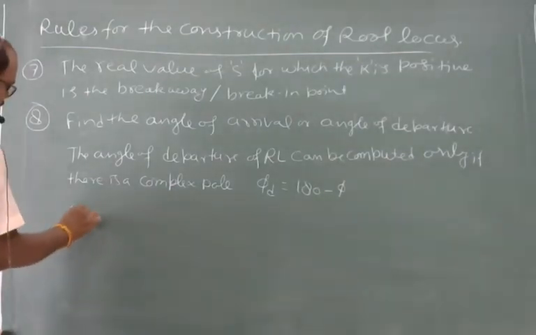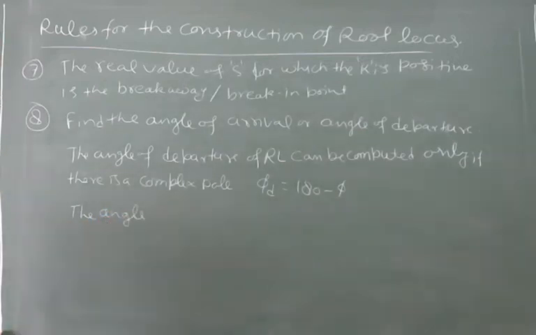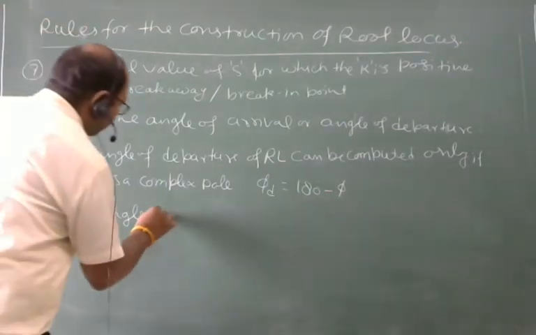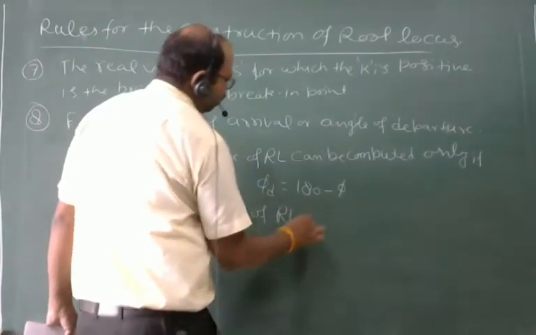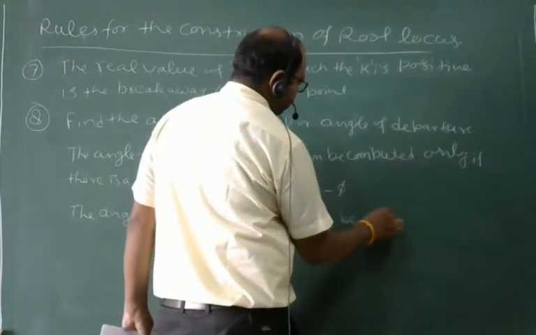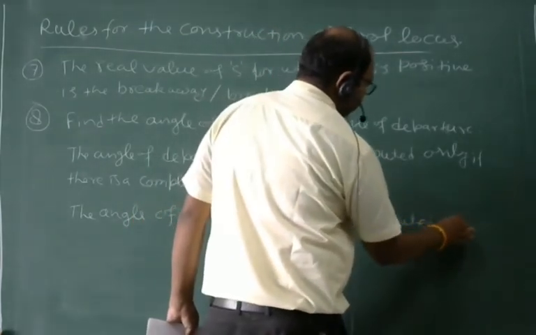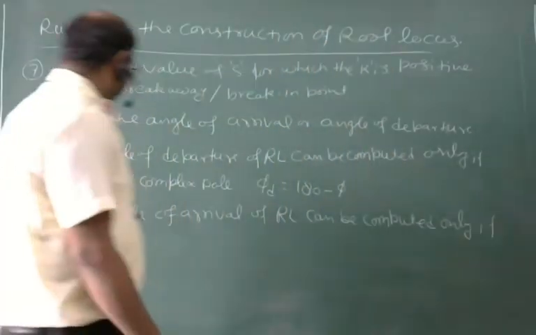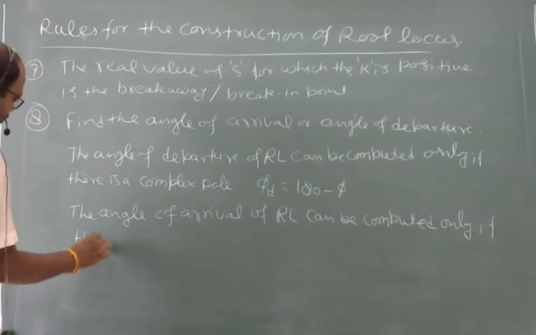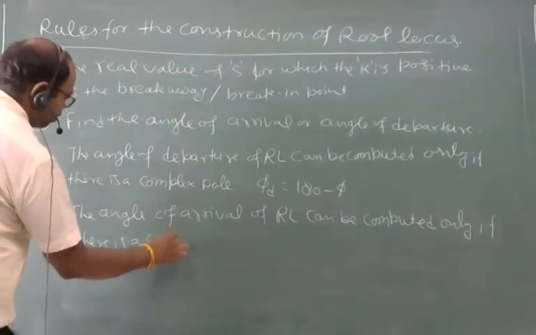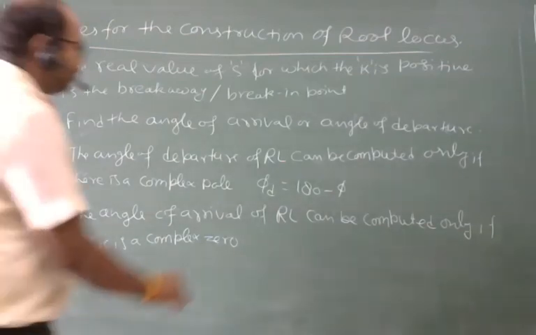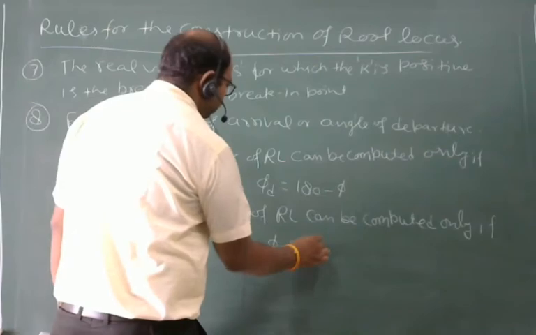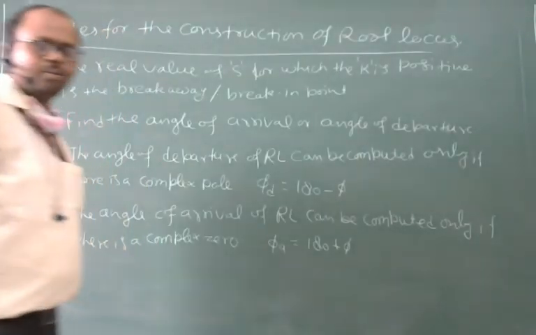The angle of arrival of root locus can be computed only if there is a complex zero, and the angle of arrival phi a is equal to 180 plus phi.